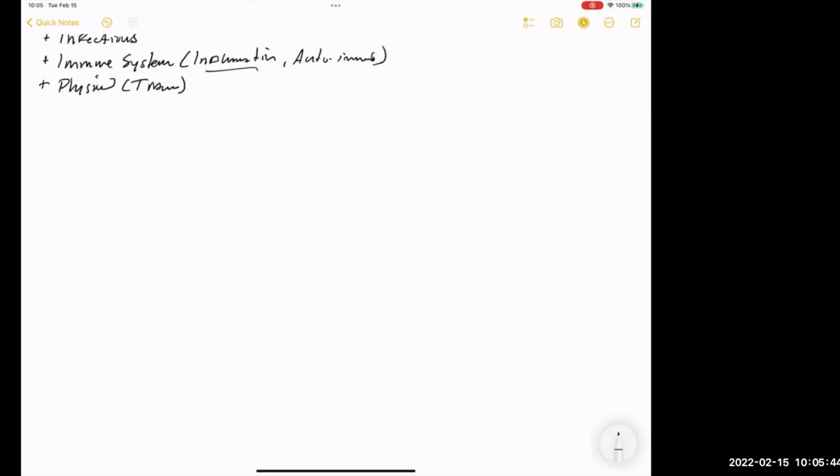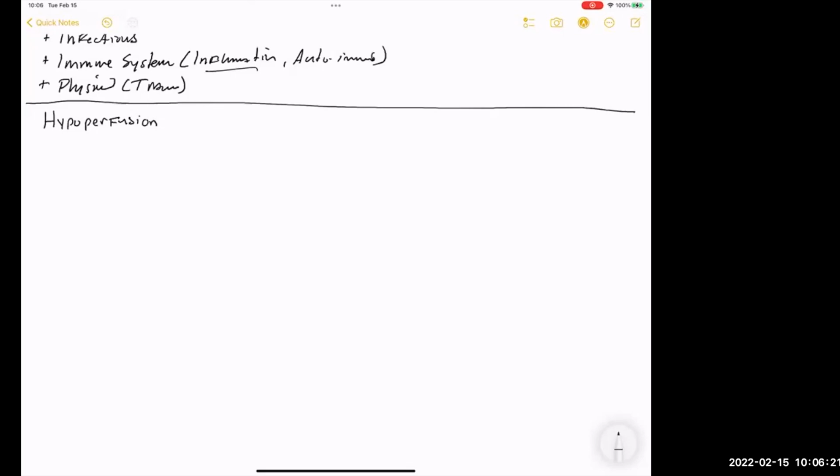So first of all, let me ask the question, is there a difference between hypoperfusion and shock? Doesn't shock come from hypoperfusion? Yes. Yeah, they're definitely related, but there is a difference. So hypoperfusion, let's just talk about that first. Hypoperfusion is just that, right?